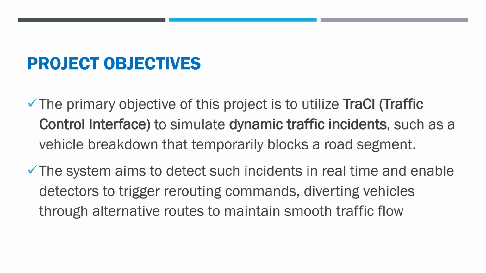This is the scenario I generate using TraCI. And the detector, an induction loop detector, will identify the scenario in real time and trigger the rerouting command so that all vehicles divert to alternative routes and ensure smooth traffic flow.